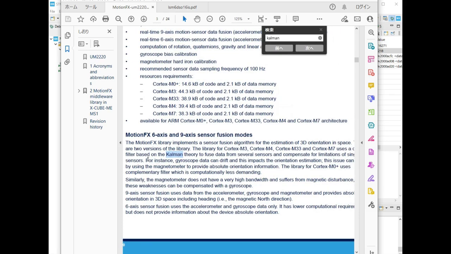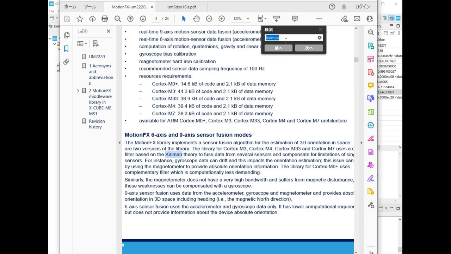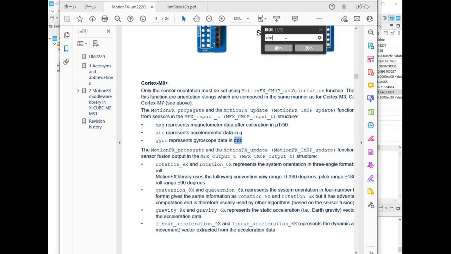And this document says the functions are based on the Kalman theory, and they are for Cortex-M4 microprocessor. And how to input the data is written over here.